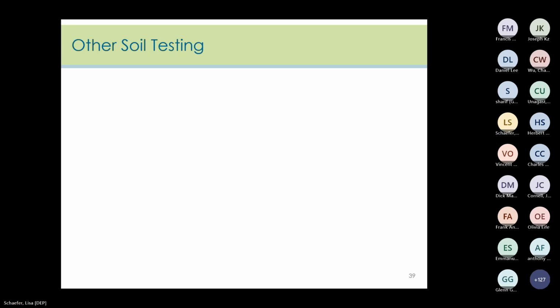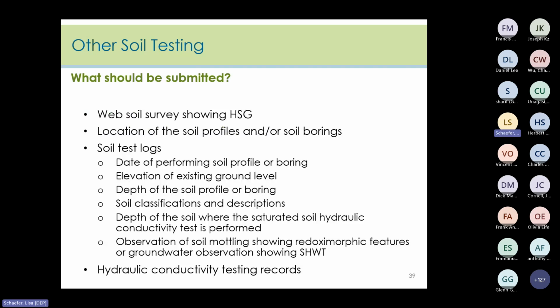Since exfiltration is allowed in routing calculations for infiltration BMPs, the volume and flow rate of runoff that can actually be infiltrated into the subsoil will affect the sizing of the BMP and outlet structures. So more than ever, soil testing results that correctly describe the soil characteristics are very important.